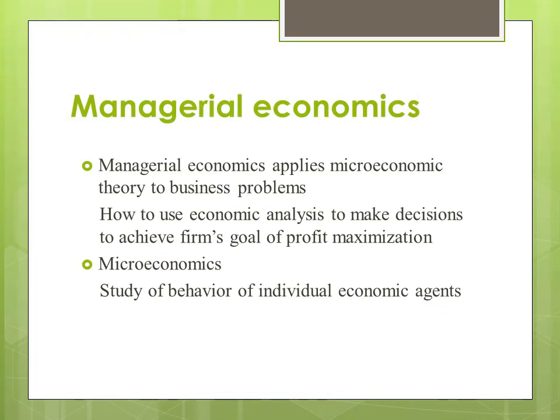Managerial economics applies microeconomic theory to business problems, using economic analysis to make decisions to achieve the firm's goal of profit maximization. As we know, a firm's goal is to maximize its profit and minimize cost.